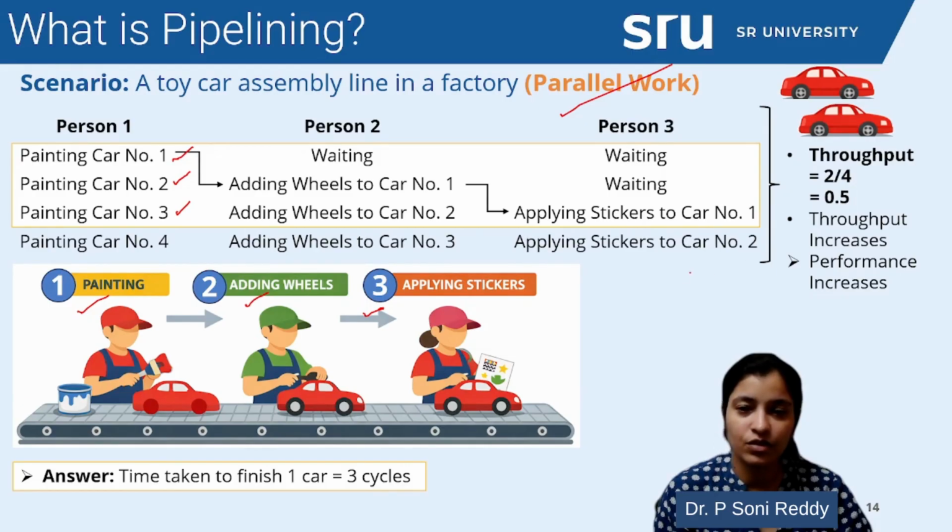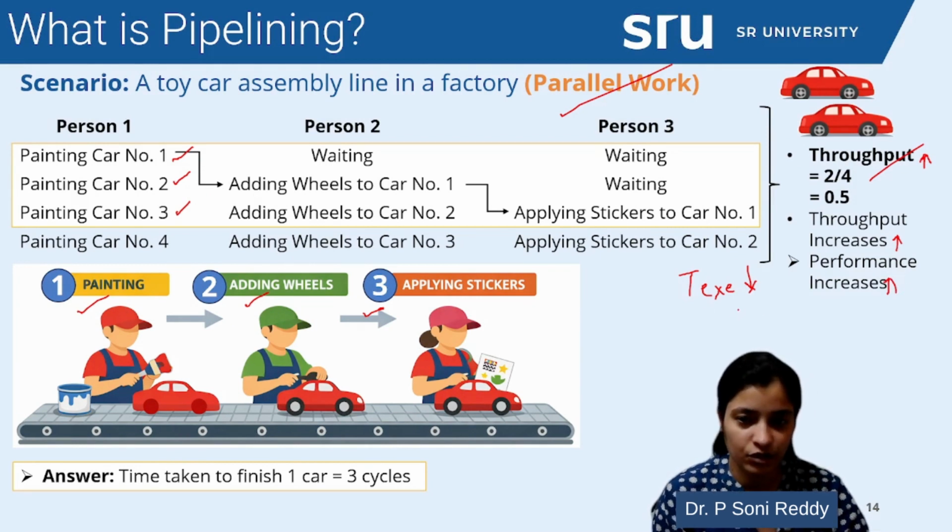That means it is reducing the execution time, and how this reduction in execution time is affecting the system throughput. That means the system throughput is increasing with reduction in execution time, and as the throughput increases, the system performance also increases. We have discussed all this in the previous lecture.